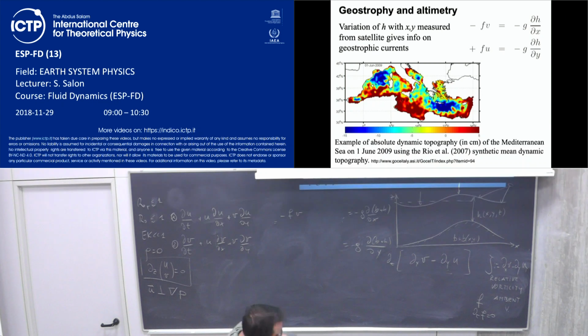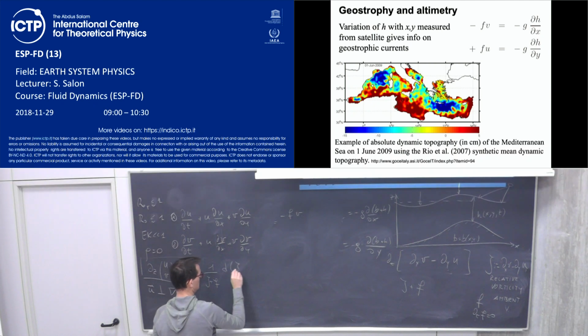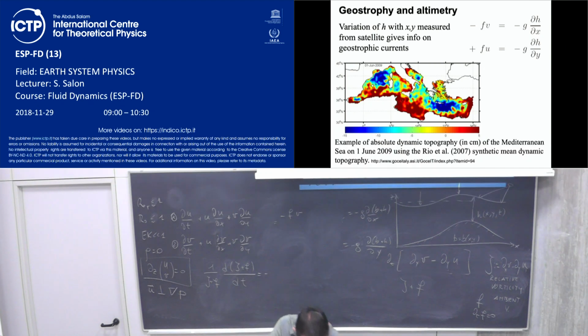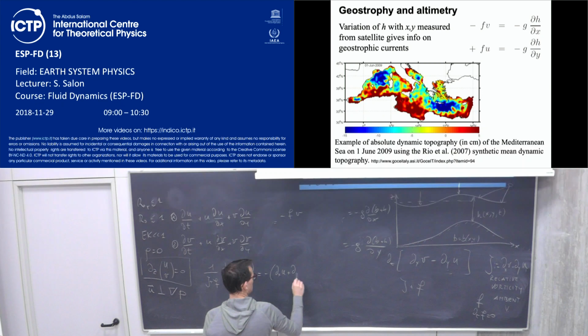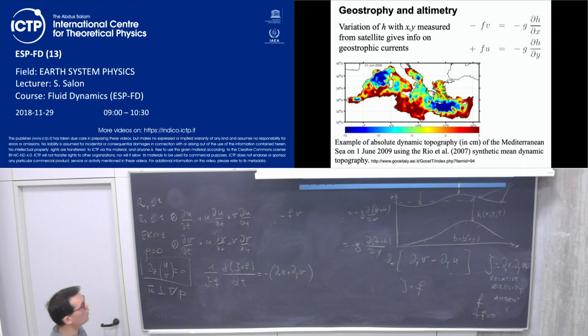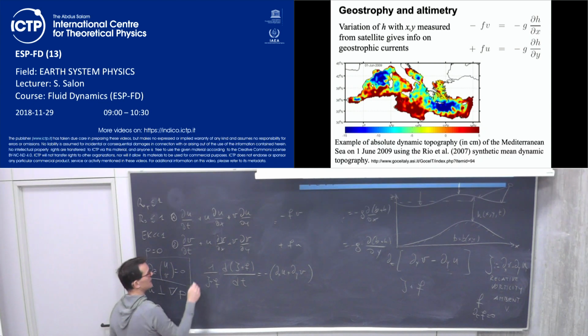What we will have is that we will consider the sum of the relative and the ambient vorticity, and we will have... so all the operations that I did over the two equations practically reduced to this one.